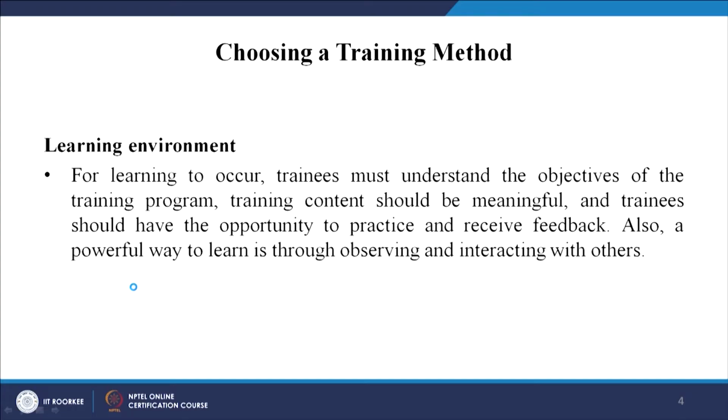of this particular attitude. Then the learning environment. In case of the learning environment, for learning to occur, trainees must understand the objectives of the training program. Now, at what level are we providing the training program?